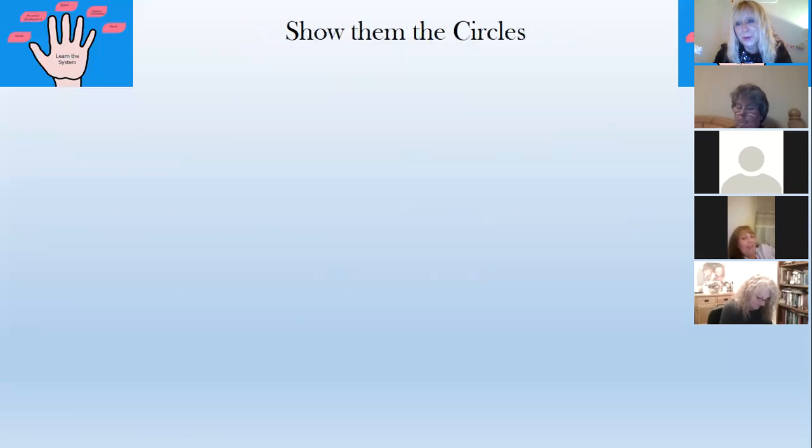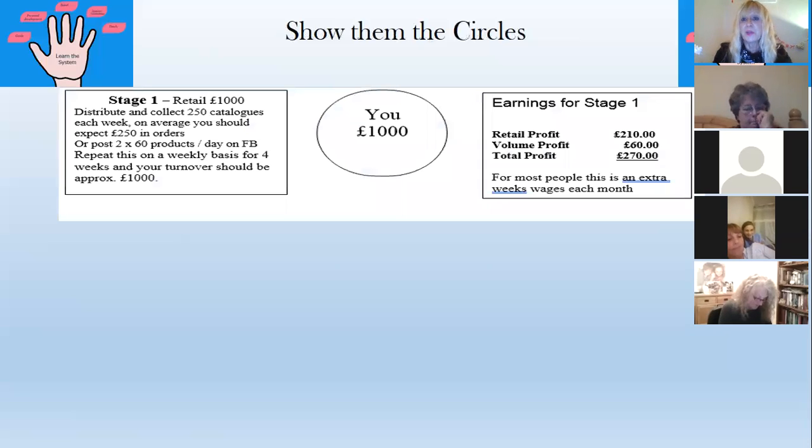And even if they don't, I quite often show the circles. Now, if you're using Zoom, you can actually share the screen like I've done tonight and put a few little slides up. And there will be on the resource site a presentation that you can go through with them. But I like to show the circles because it shows the income potential.